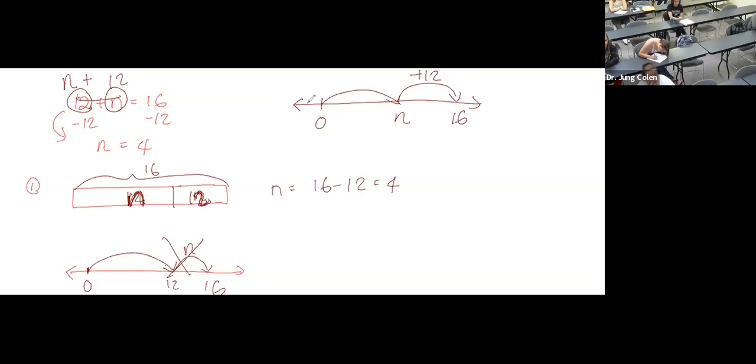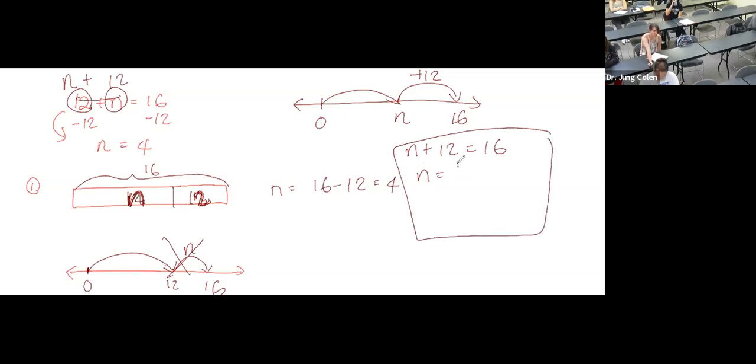So this actually represents the situation, right? To solve for n, what can we do? We know that it is an n plus 12 situation. So to find n, we can do 16 minus 12. So n is equal to 4. We can do that, right?